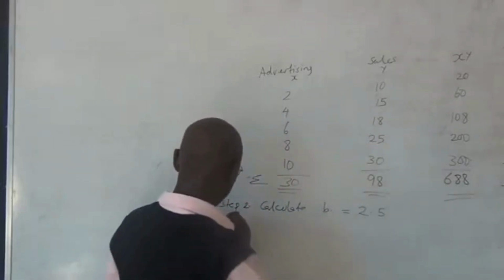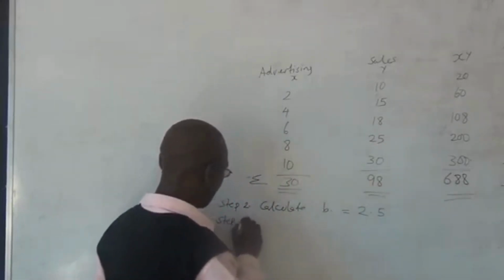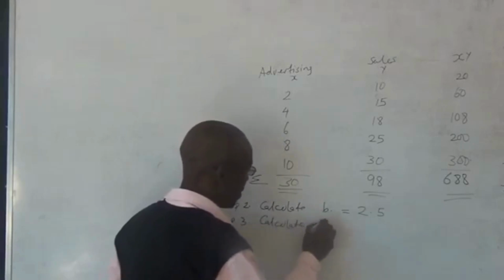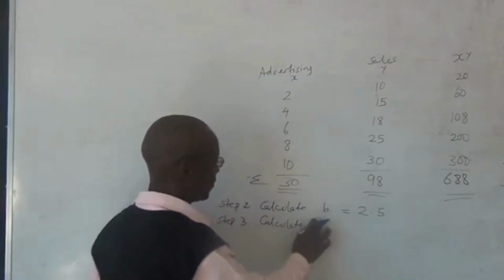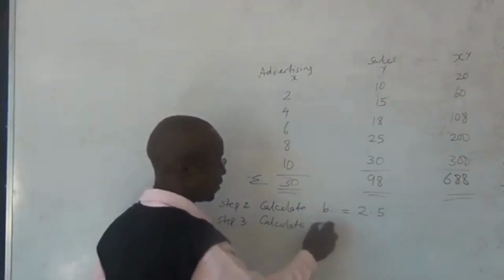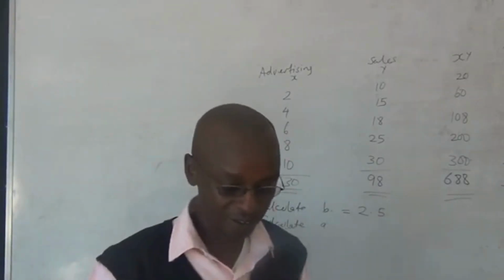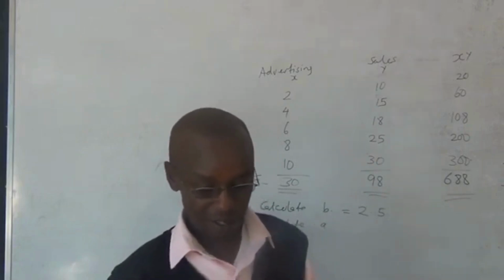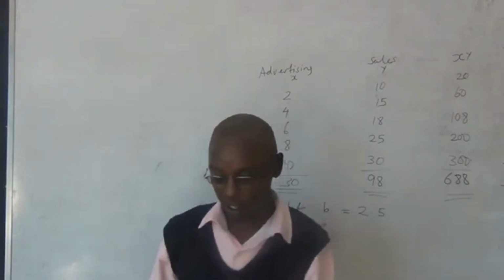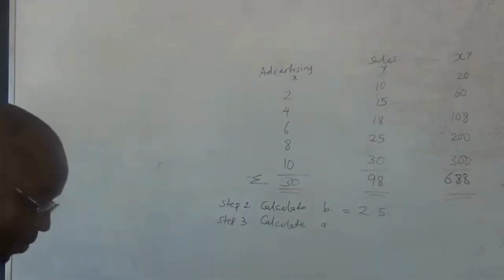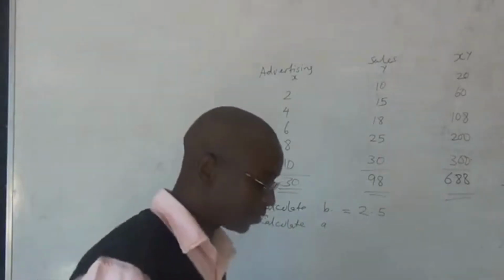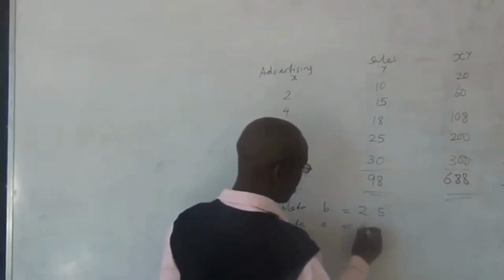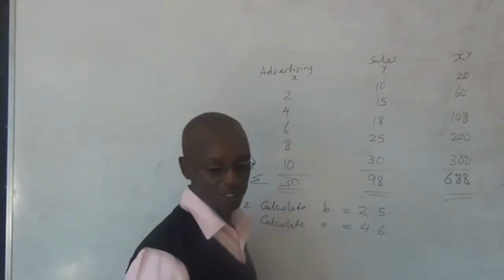Then, step 3, calculate A. Use the other formula for A. When you calculate A, you're supposed to get A is 4.6.